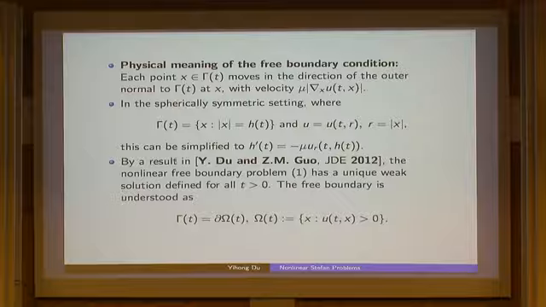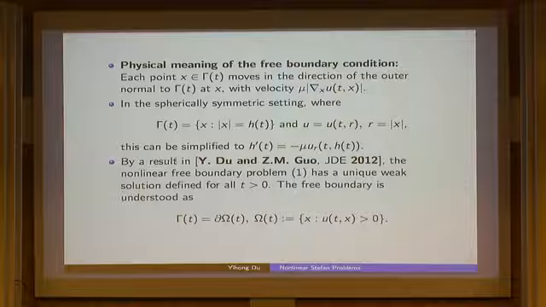If we consider the simpler spherically symmetric setting, then the free boundary would be a sphere with a changing radius, and this free boundary condition would reduce to that one. So the derivative of the radius equals this.